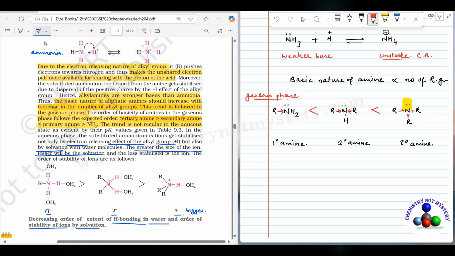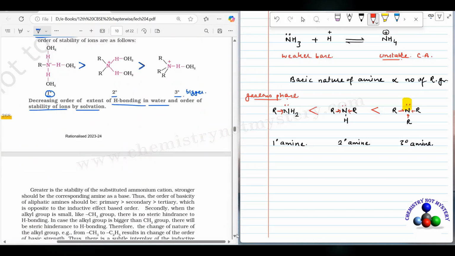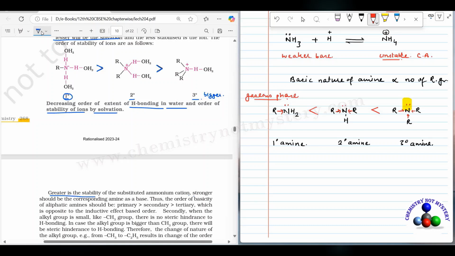The primary ammonium ion will be more stabilized, or more solvated, than the secondary one, and the tertiary alkylammonium ion will be the least solvated, meaning it is the least stable. Greater is the stability of the substituted ammonium cation, stronger should be the corresponding amine as a base. Thus the order of basicity of aliphatic amines should be primary amine more basic than secondary, then tertiary.